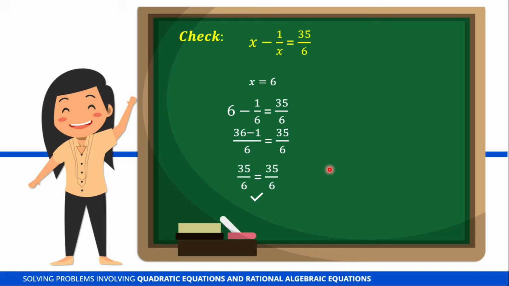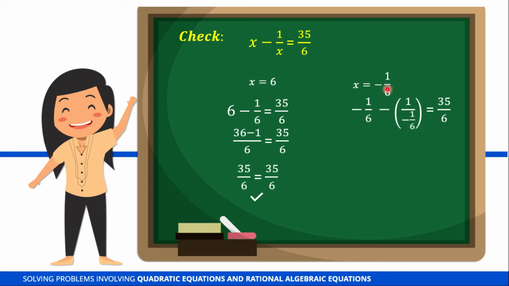Now let's check yung isa pa nating value na nakuha, na negative 1 over 6. Okay, ipalit natin yan sa ating original equation. So, yung x dito, magiging negative 1 over 6 minus quantity 1 divided by negative 1/6 is equal to 35 over 6.